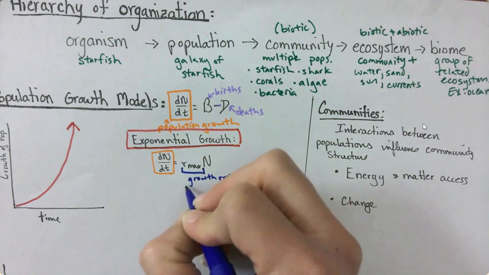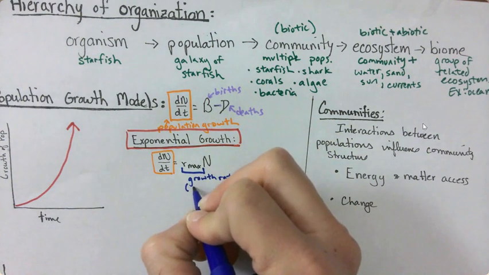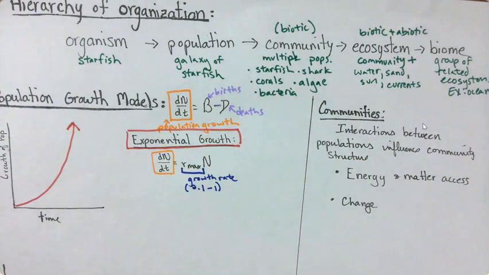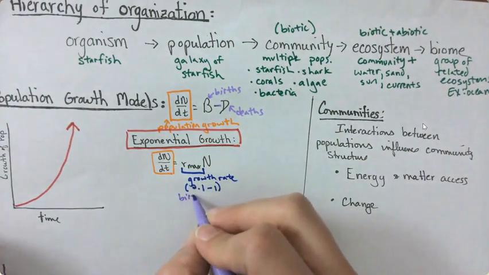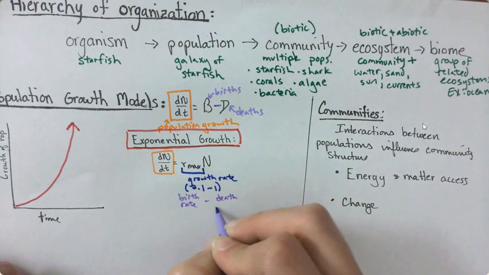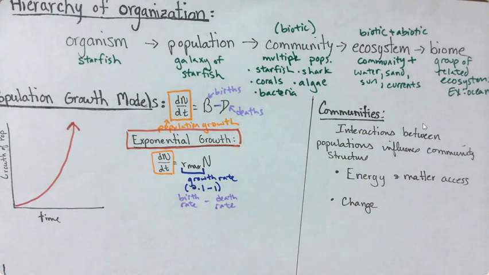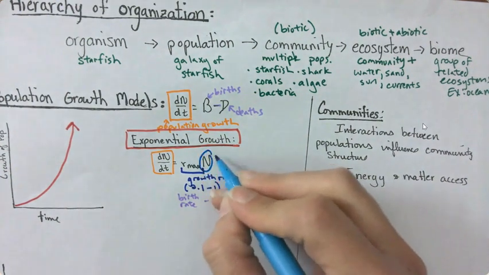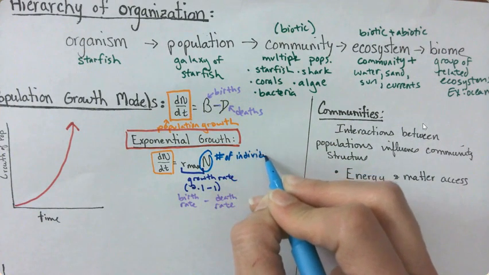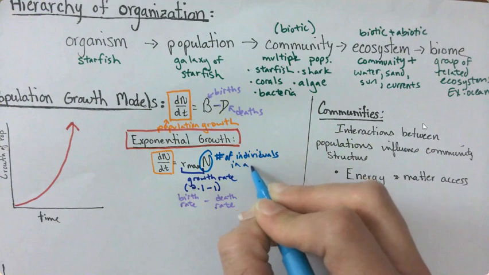And your growth rate is usually like from 0.1 to 1. And your growth rate is really birth rate minus death rate. And then the N stands for number of individuals in a population.